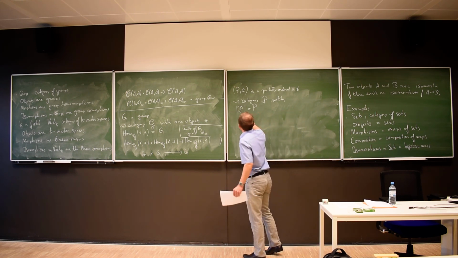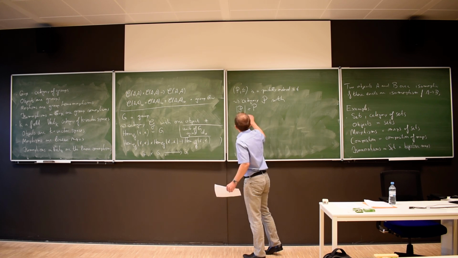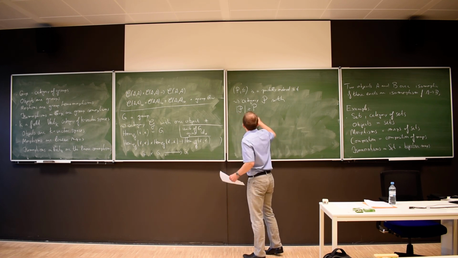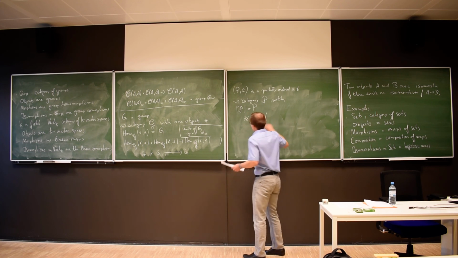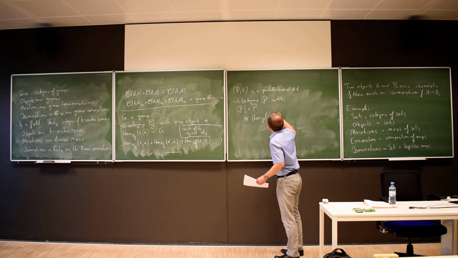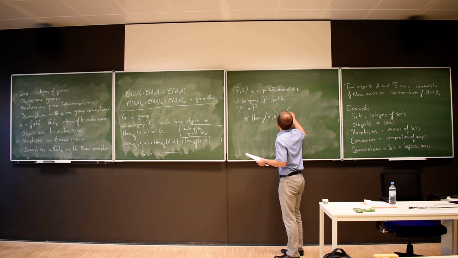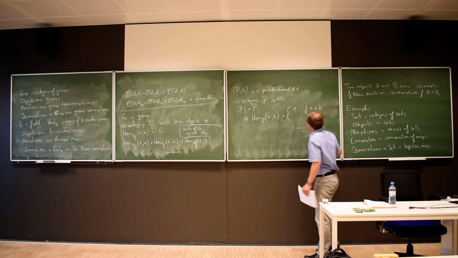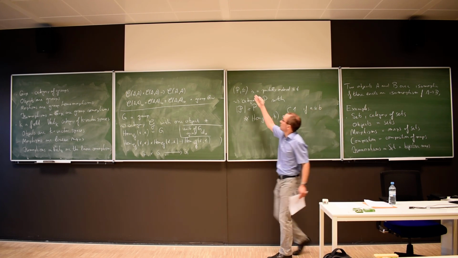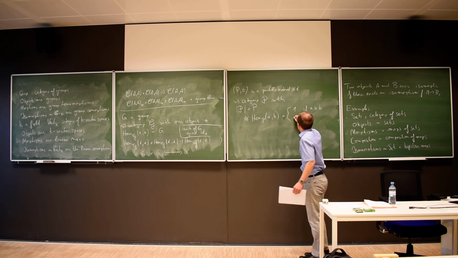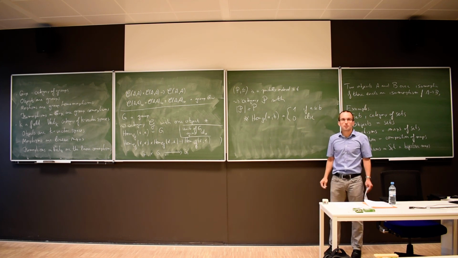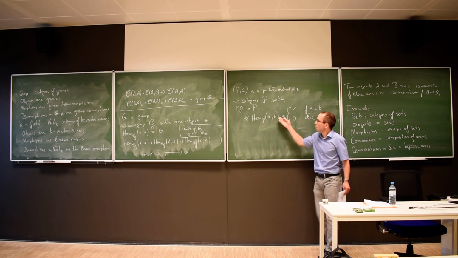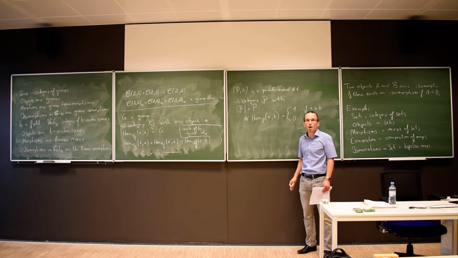And I simply do this by the requirement that the cardinality of the morphism set in script P of morphisms from A to B is defined to be 1 if A is less or equal B in this relation here, and it's defined to be 0 if this is not the case. So this means that this is a category with either 1 or 0 morphisms between two objects.